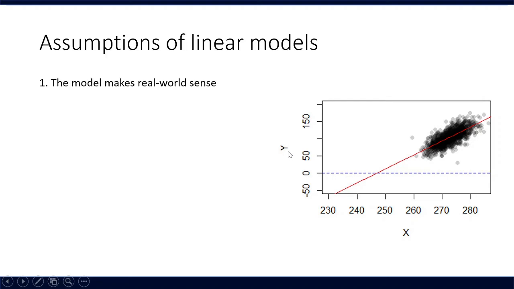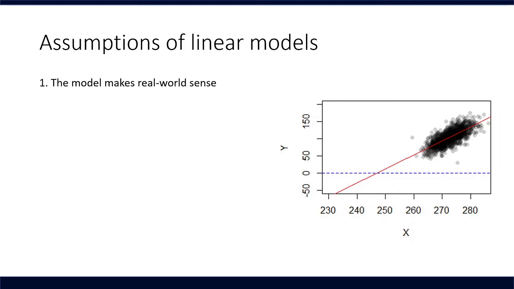On the y-axis, let's say that this is a measurement. Maybe it's the length of a certain bone. The length of that bone is continuous, as we talked about in our probability distribution lecture, but it's bounded by 0. You can't have a bone that is negative 10 centimeters long.